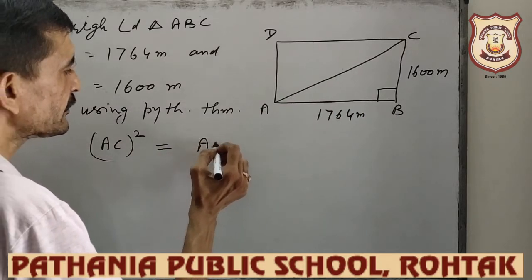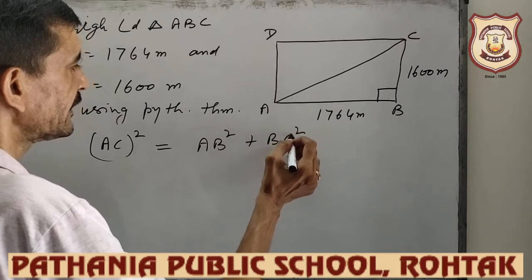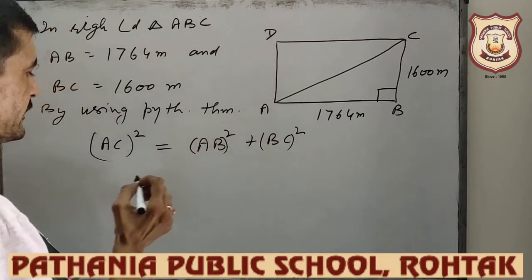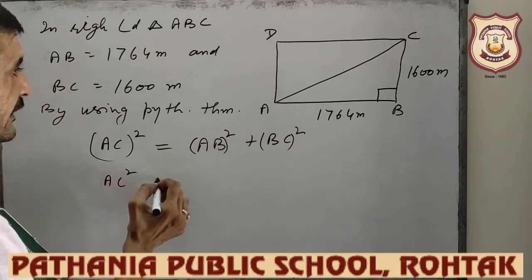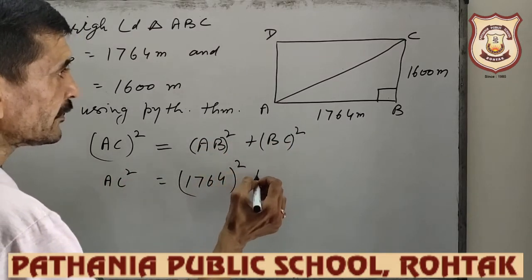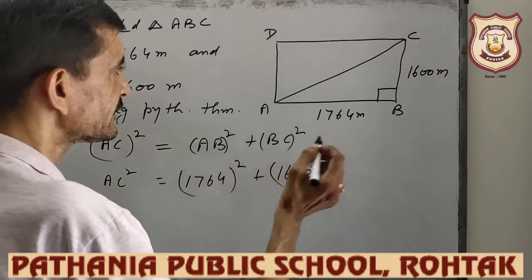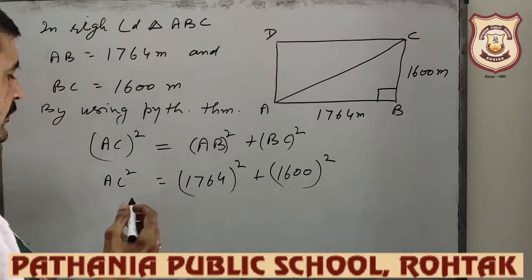Square of hypotenuse is equal to the sum of the squares of the other two sides, AB square plus BC square. Now AC square is equal to this given plus this 1600. BC is given as 1600 meter, no problem.